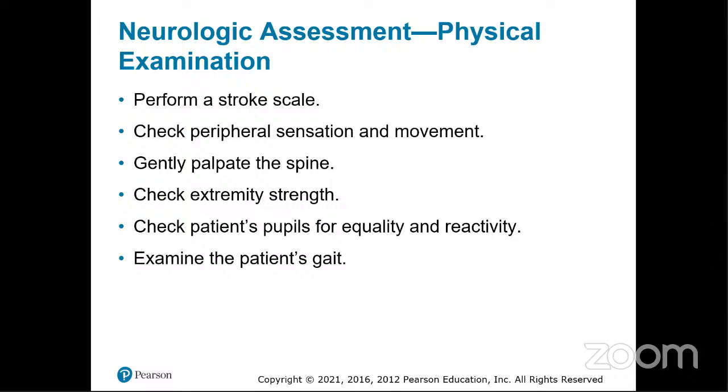The other word you'll hear for it is PMS: pulse, motor, and sensory. You'll either hear it as PMS or CMS, so circulation, motor, and sensory, or pulse, motor, and sensory.